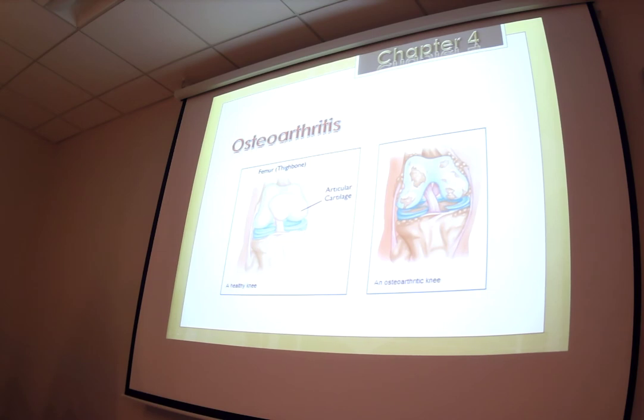So here, in a healthy knee, you have that articular cartilage surrounding the femur, and the discs separating it from the tibia. In osteoarthritis, you're going to see that wearing away of the cartilage. The joint space is getting narrowed and worn away, and it's going to end up bone on bone.